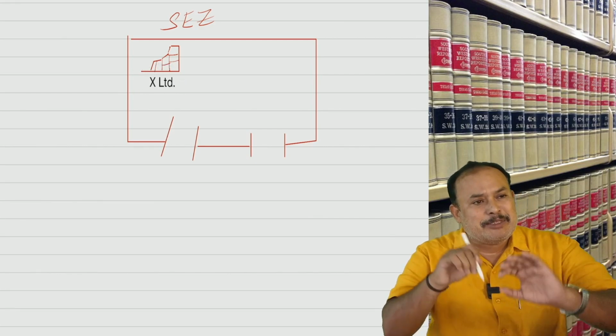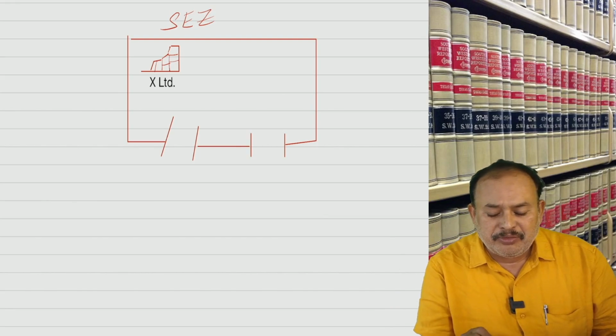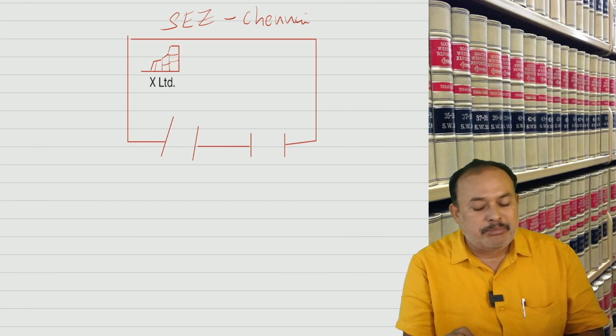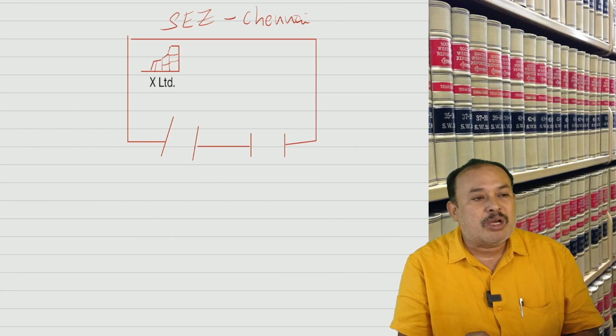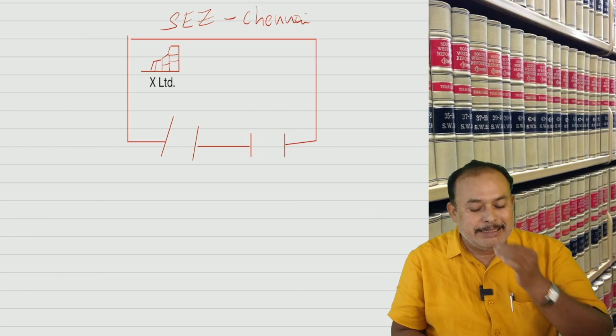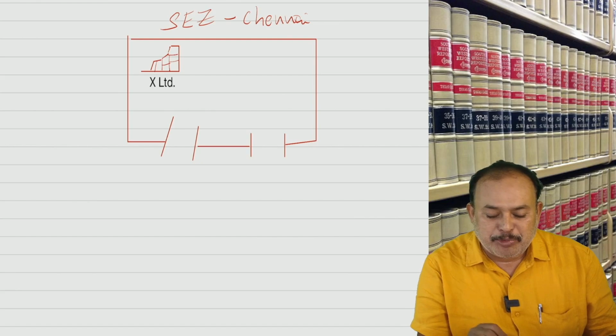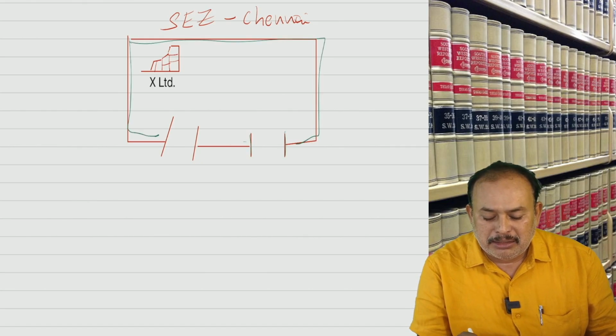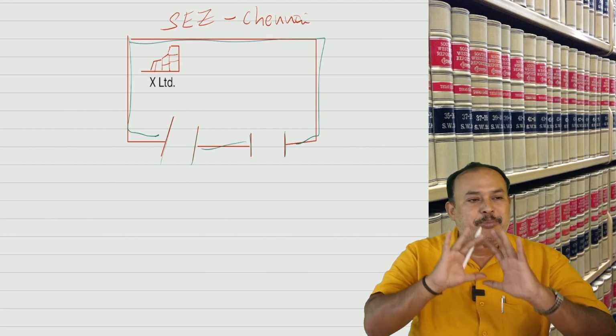This special economic zone is located, for example, we call it MEPZ also, Madras Export Processing Zone in Chennai. Is it clear? It is a designated area, a specifically identified area marked as separate.